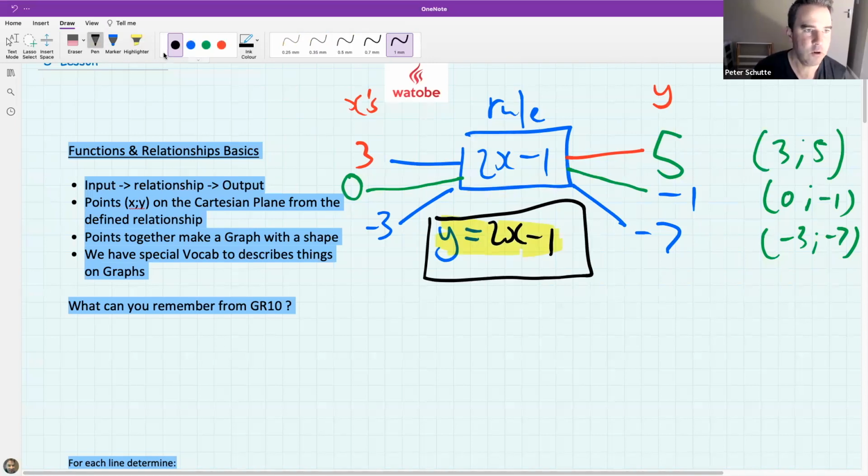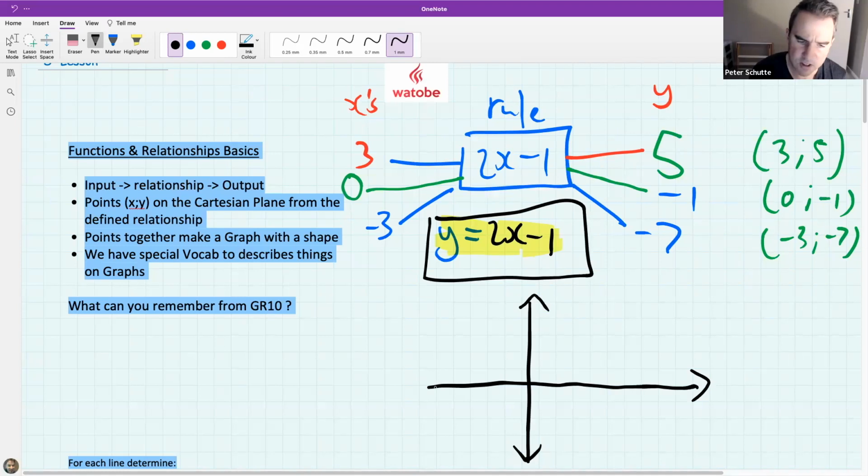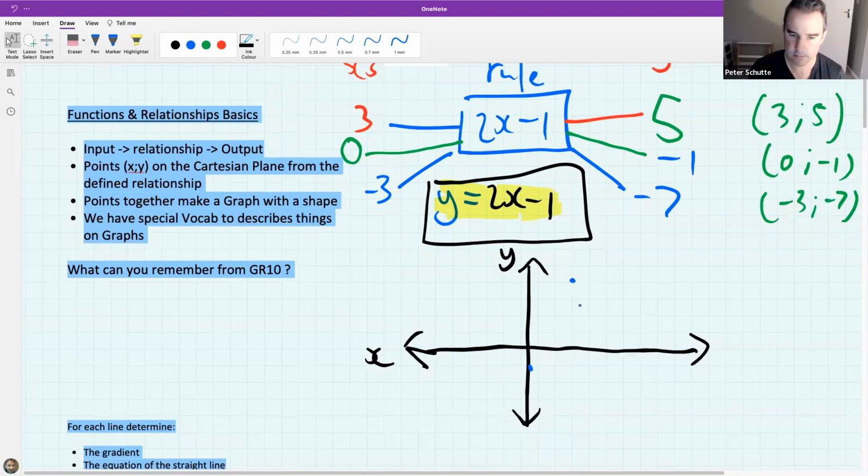And the place where we normally visualize relationships, or we call them graphs, is on the Cartesian plane. If we imagine the Cartesian plane, we talk about the x's and the y's, or the x-intercept and the y-intercept. This particular relationship, (3, 5), probably goes about here, (0, -1) would be over here, and (-3, -7) would probably be down here somewhere.